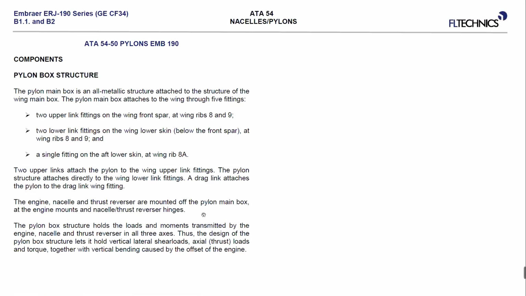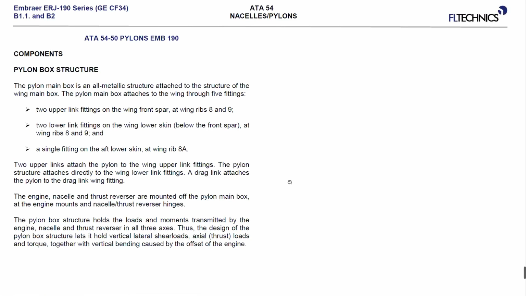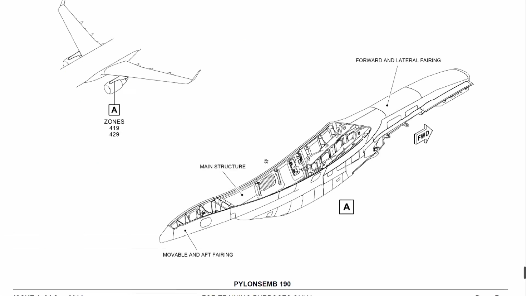The pylon box structure is holding the loads and the moments transmitted by the engine, the nacelle, the thrust reverser in all 3 axes. And to improve the aerodynamics, we have these fairings. We have movable and aft fairing.